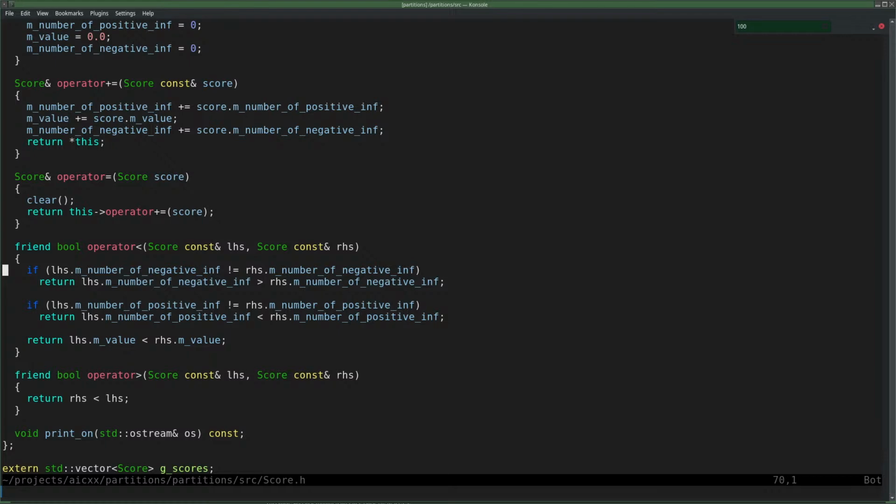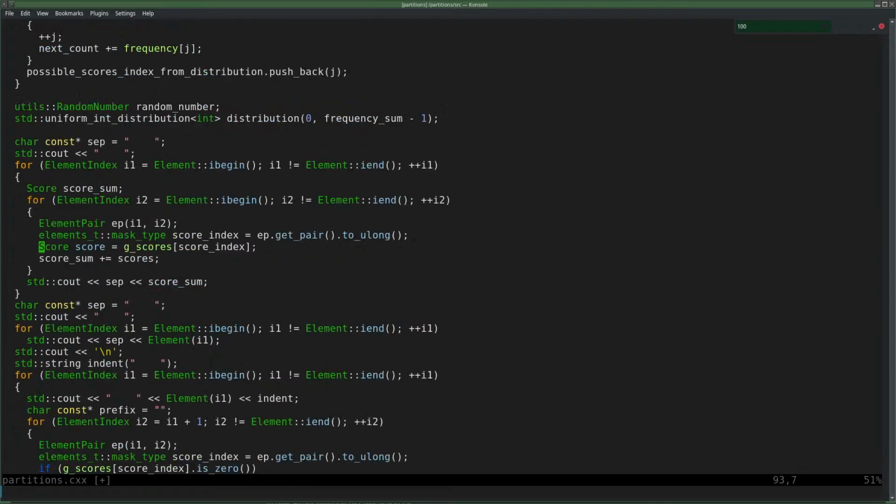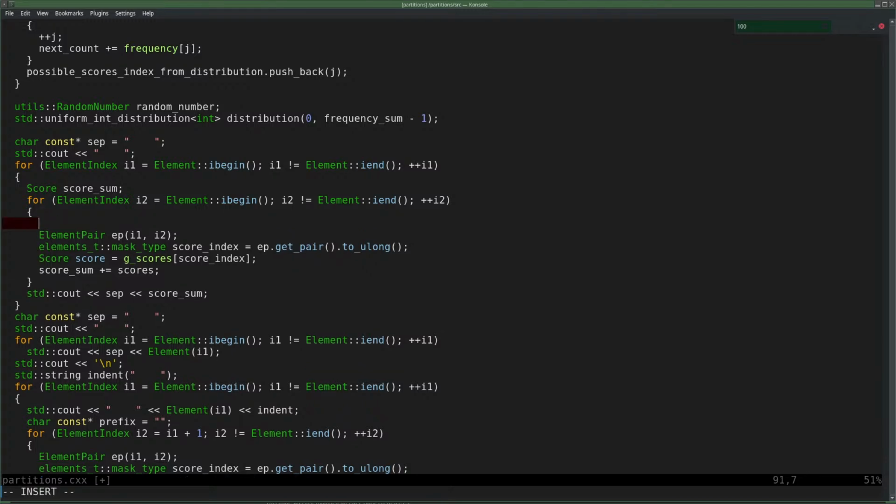Yeah, I can just compare it with a null score. Null score is a score that is default constructed. So let's just make a score here.